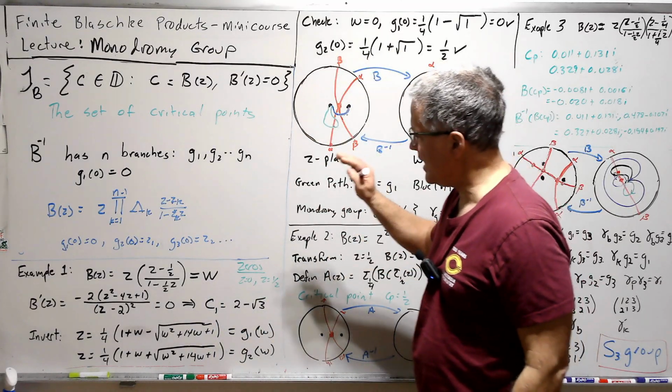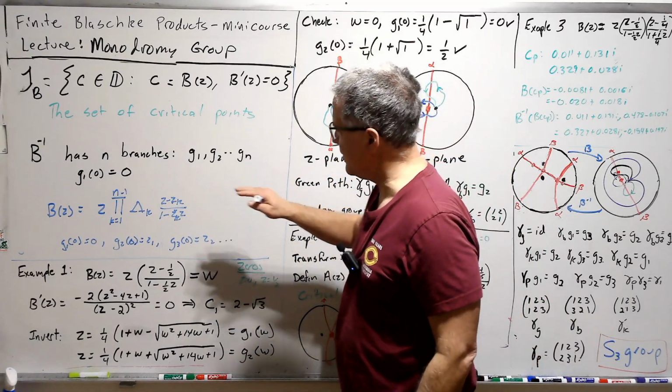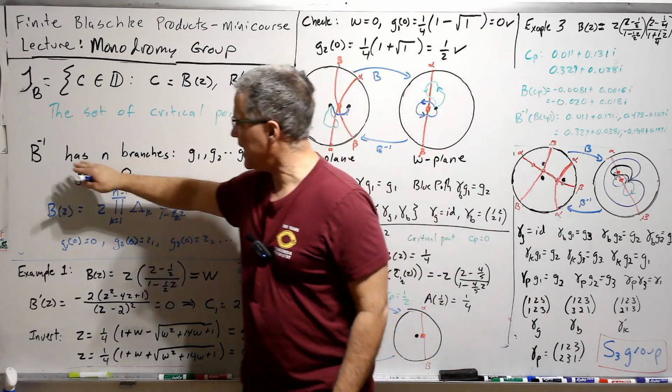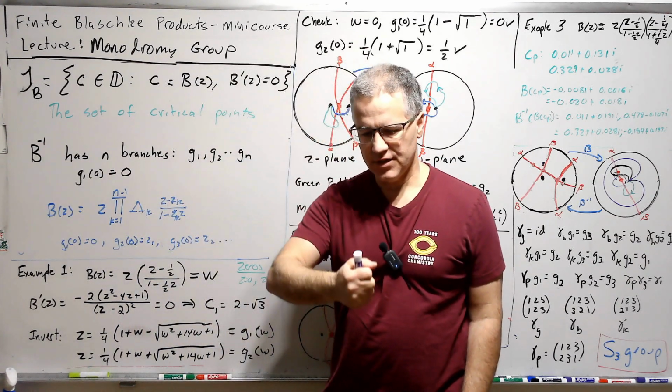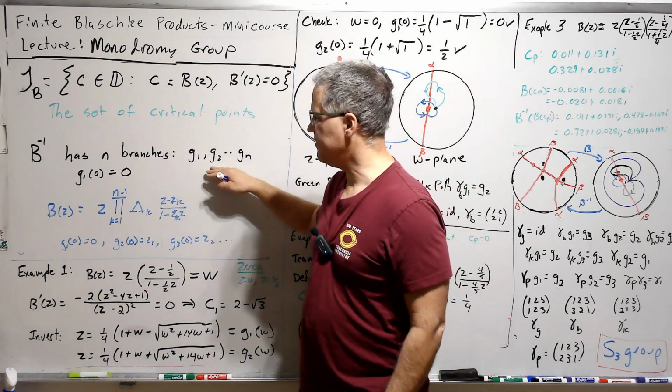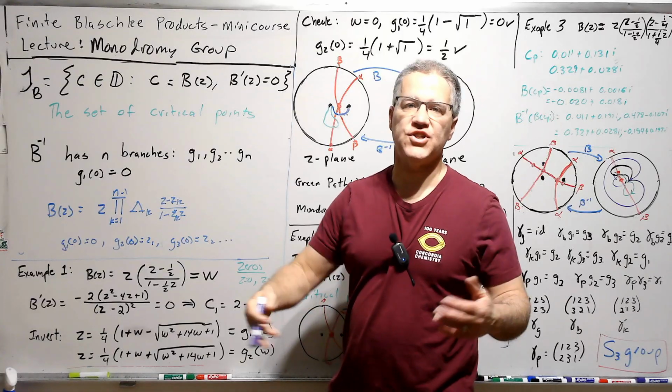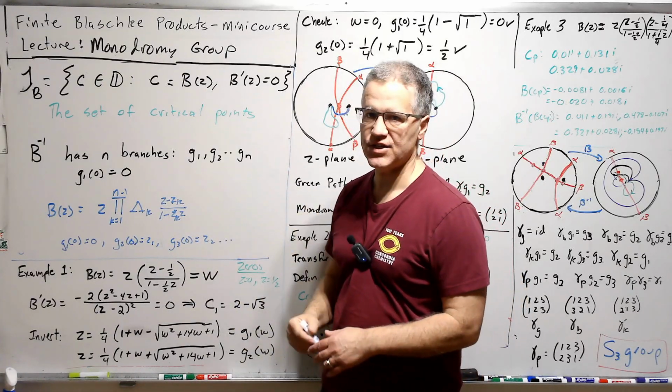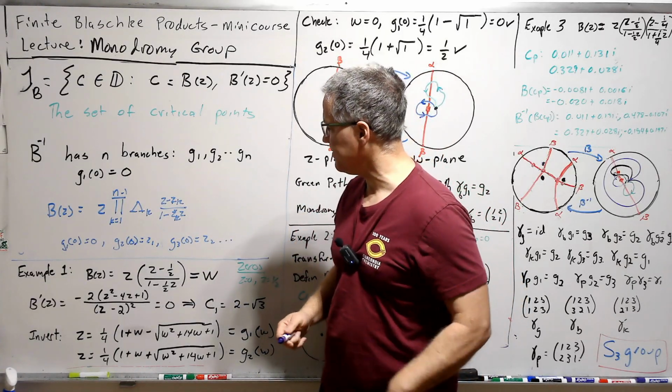Okay, so let's just remind ourselves here now. If we take the inverse of the Blaschke product, the preimage will have n points for a generic point, on n branches, except for the branch points.